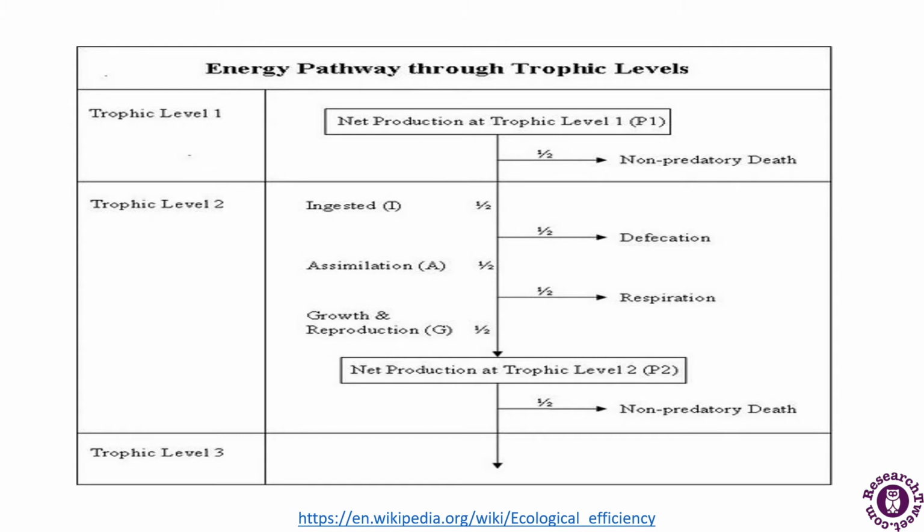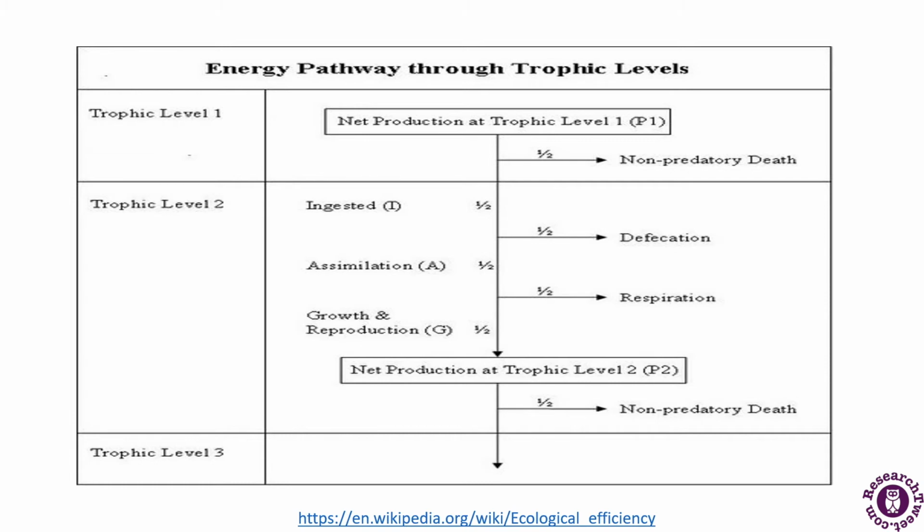The loss of energy by a factor of one half from each of the steps of non-predatory death, defecation and respiration is typical of many living systems. Thus the net production of one trophic level will be 1/2 × 1/2 × 1/2, which equals 1/8, or approximately 10% of the trophic level before it.